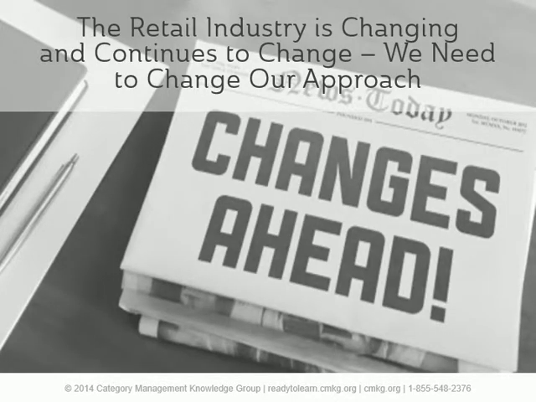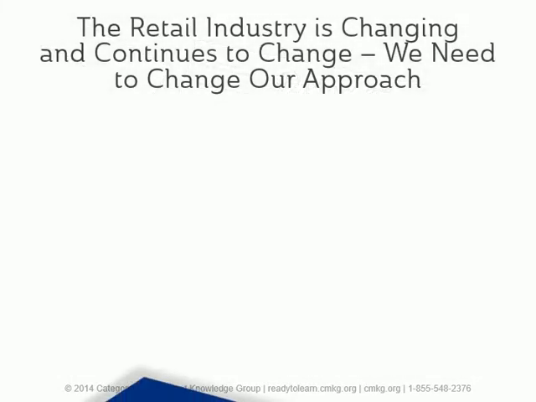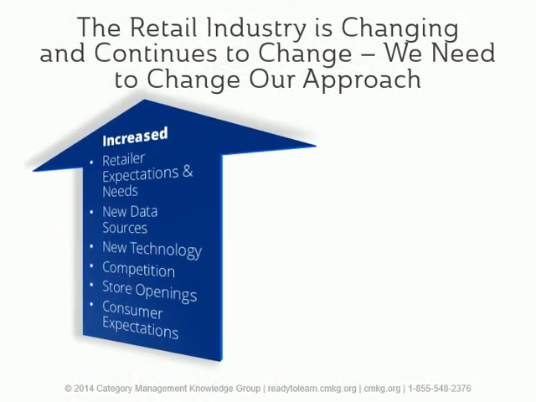There are things that have happened or are currently happening and evolving in the industry that have led us to the need for category management. Things are changing at a fast pace. Retailers require more from vendors. New channels and competitors are evolving, and channels are blurring. There are new data sources and technology available, and consumer expectations and needs are increasing.